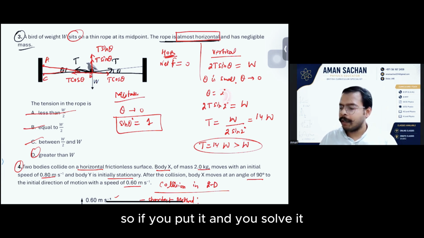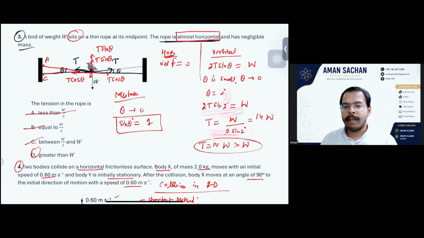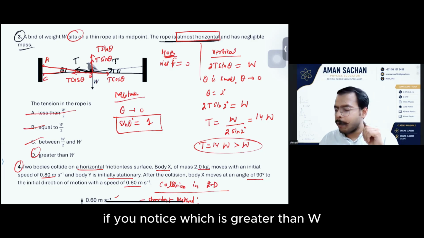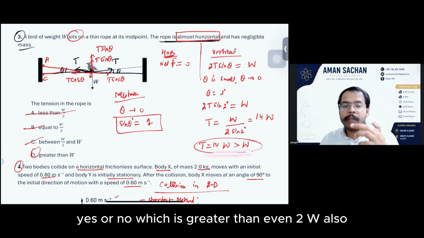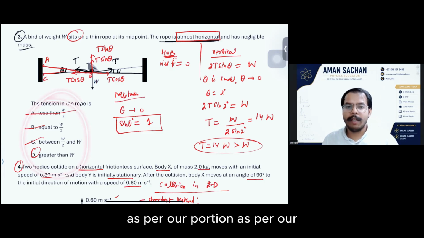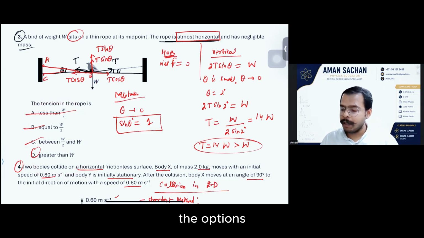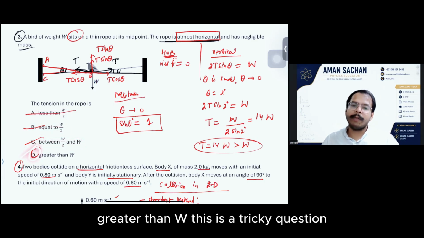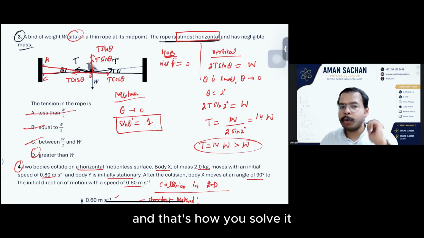So if you put it in and solve it, you get almost 14 times W. If you notice, is it greater than W, yes or no? It is greater than even 2W also, but it is greater than W as per our options. Is it less than? No. Is it equal? No. Is it in between? No. It is greater than W, yeah? Greater than W. This is a tricky question and that's how you solve it.